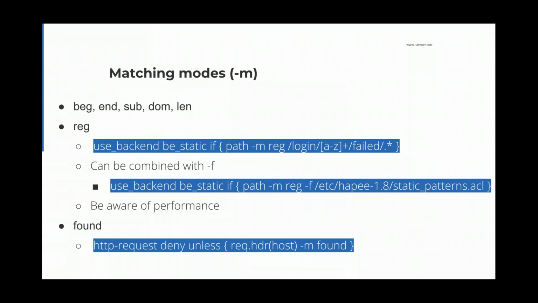You can combine any of the match modes with -f, or I'm getting ahead of myself. We can use -m reg to specify a regular expression to match against the path.